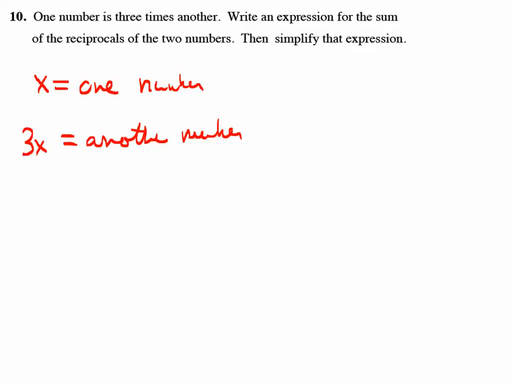Cool, okay, and then we've got to write the sum of this. So the reciprocal of x is 1 over x, it's the sum, and it's the reciprocal of 3x. So how about 1 over 3x? All right, at that point now we can see if we can reduce that or simplify it.